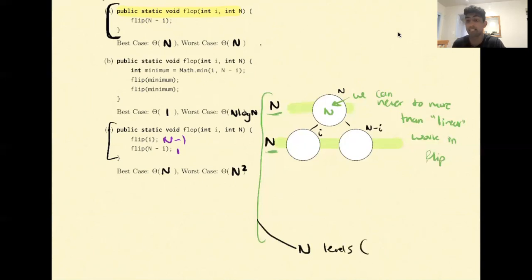This is saying that the maximum height of this tree is n. So if the maximum height of this tree is n, and the most amount of work we could possibly do on any level is also n, the most amount of work that could ever possibly happen is n squared. And since we've now shown a case that runs in n squared, we know that this is indeed the worst case.